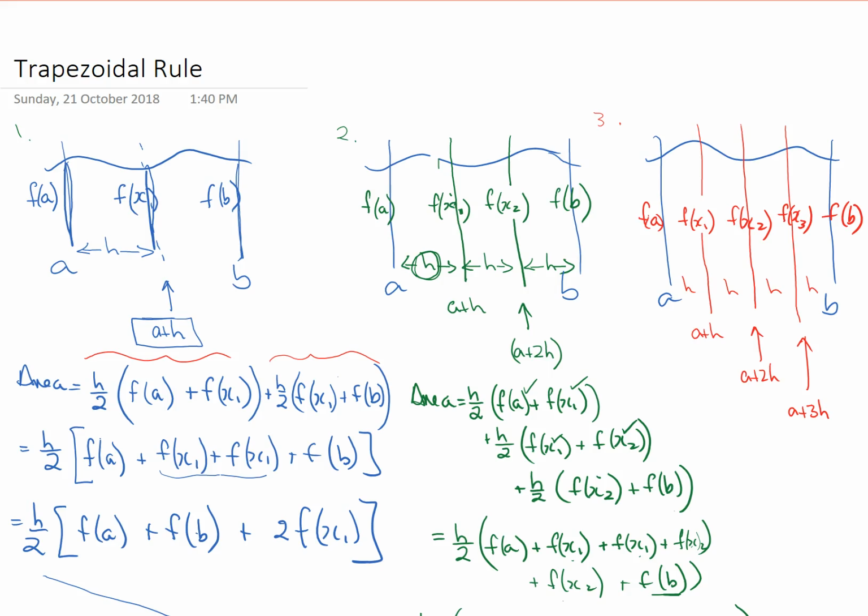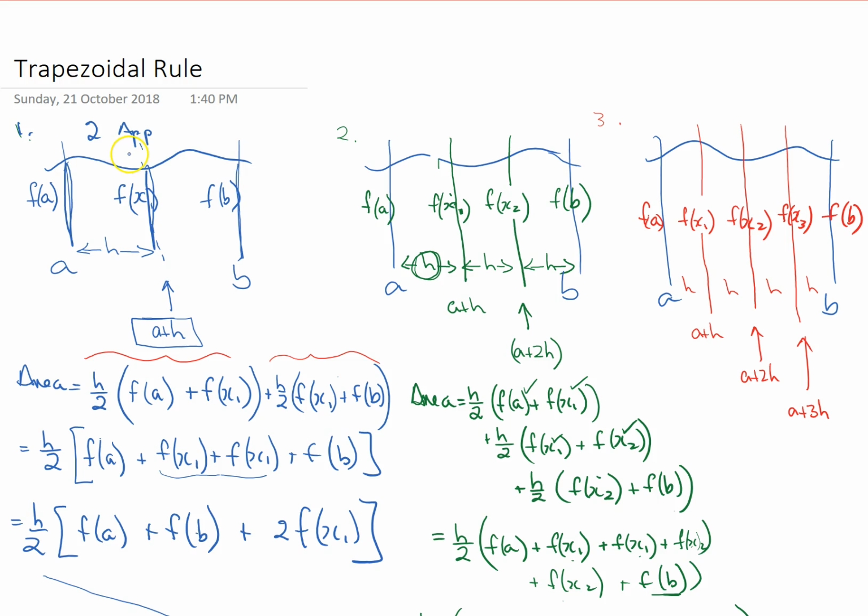There are just another couple of points that I want to talk about before I go on to an example. You can see here, back to my first situation, we would call this approximating the area using the trapezoidal rule, with two applications of the trapezoidal rule.